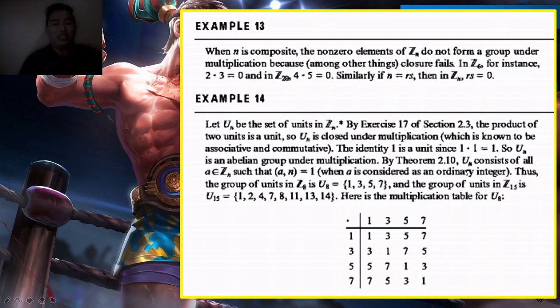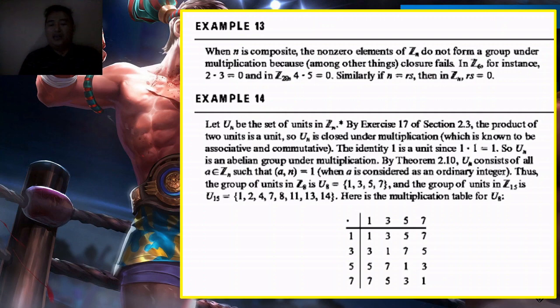So, by Theorem 2.10, Un consists of all a element in Zn such that GCD of a and n is equal to 1, when a is considered as an ordinary integer. So, thus, the group of units in Z8 is U8, kay ang mga units kay 1, 3, 5, and 7.